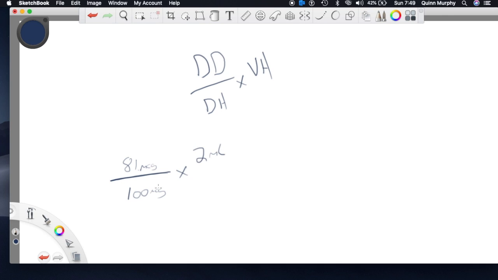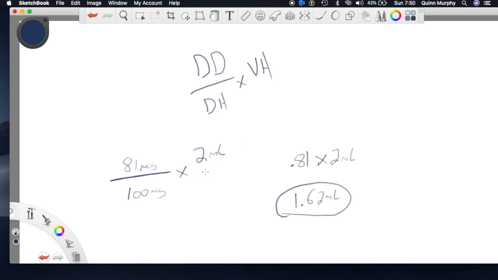So we divide 81 by 100, which gives us 0.81. We times that by 2 mLs, and that's 1.62 mLs is what we draw up for fentanyl.